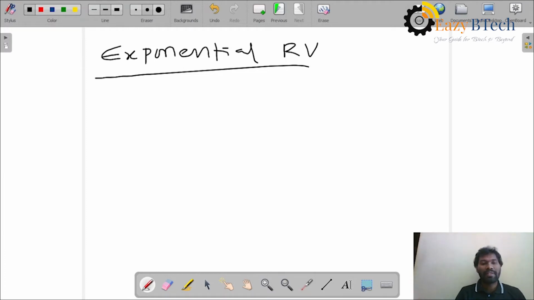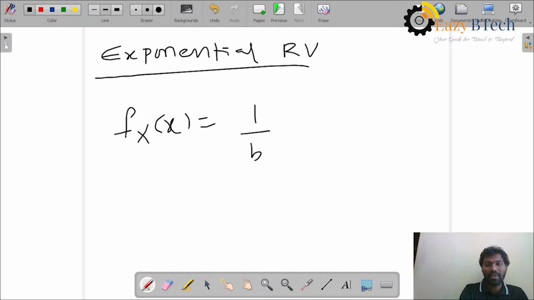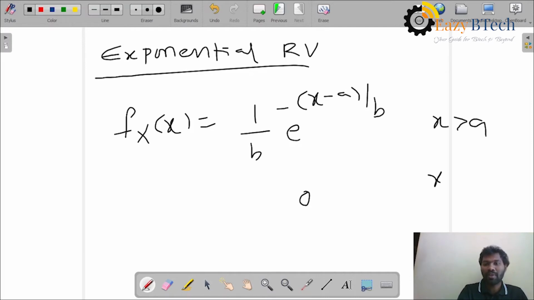The density function and distribution function of the exponential random variable is given by: f_X(x) equals 1 by b e power minus of (x minus a) by b for x greater than or equal to a, and 0 for x less than a.